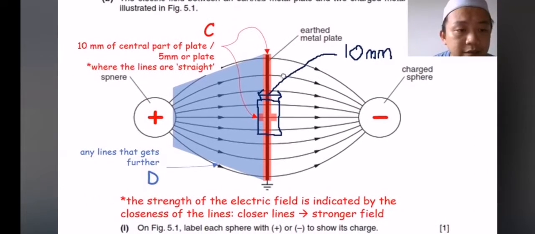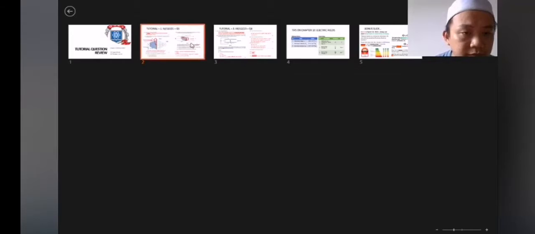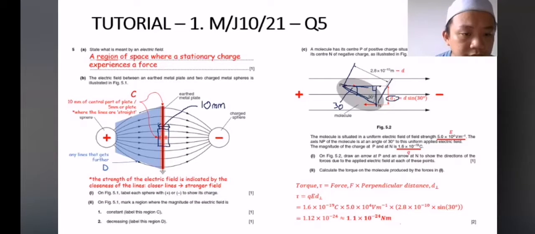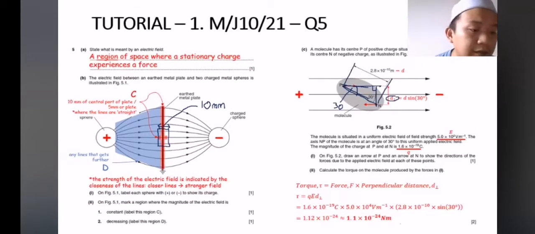Hopefully that answers the question. So it says 10 mm of central part of plate, 5 mm of plate where the lines are straight. So 10 mm is the central part, this is the central part, and 5 mm is somewhere along the plate.